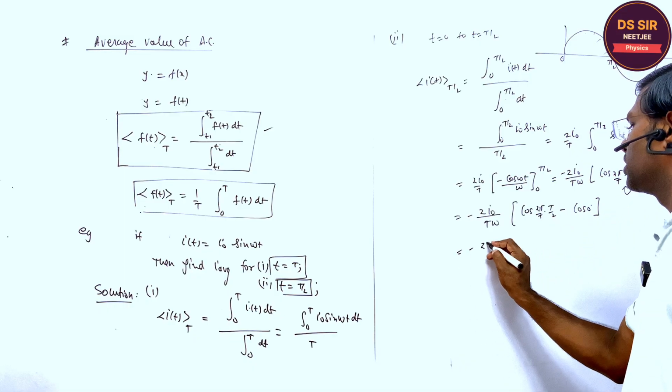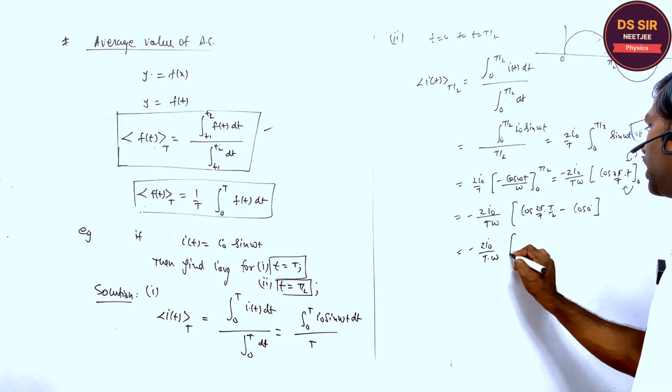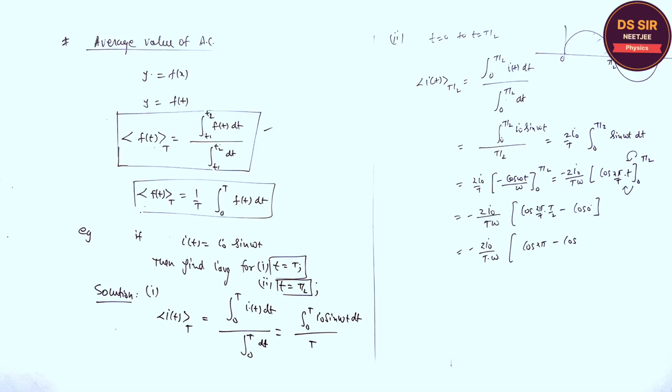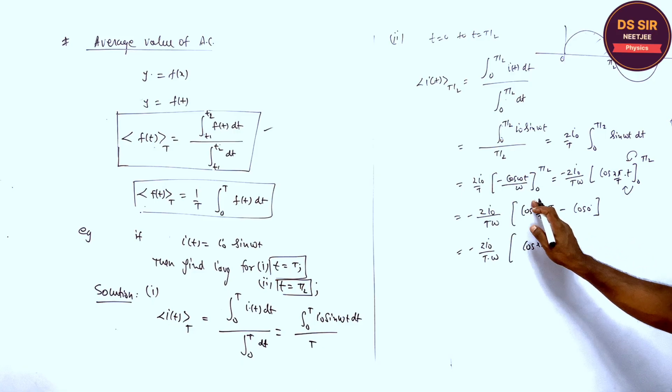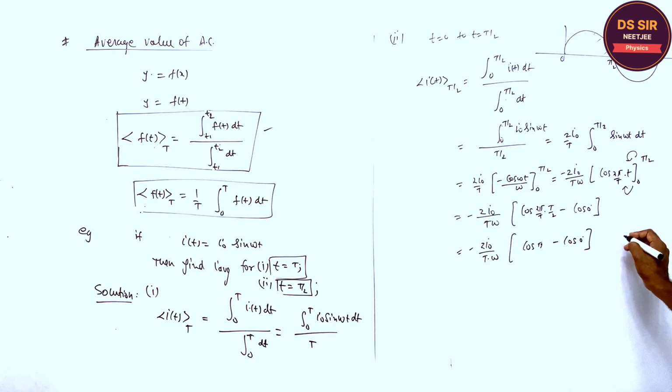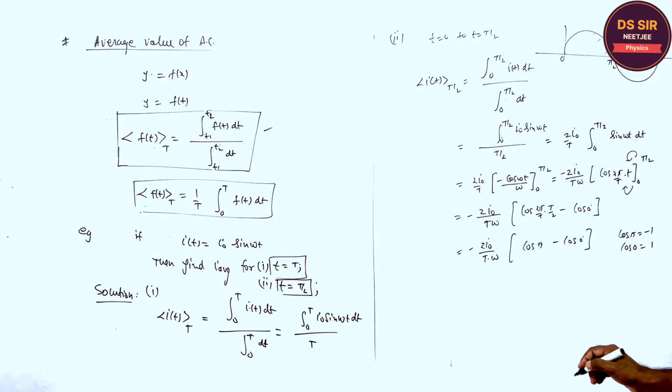Is it clear? Wait for 1 minute. When T cancels out it becomes pi. What is the value of cos pi? It is minus 1, and cos 0 is plus 1.